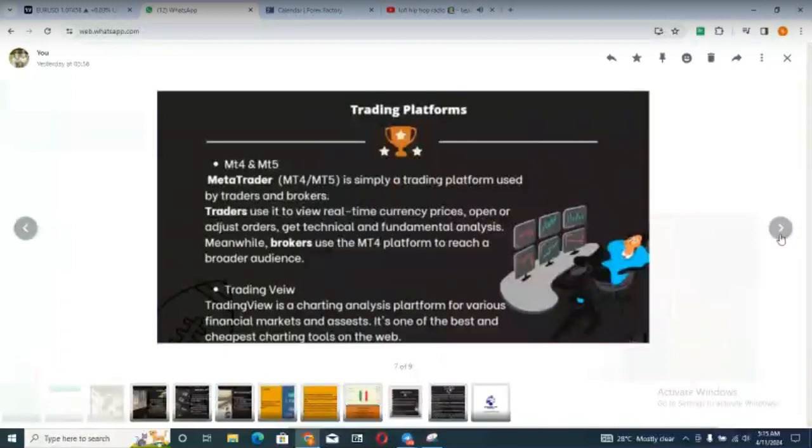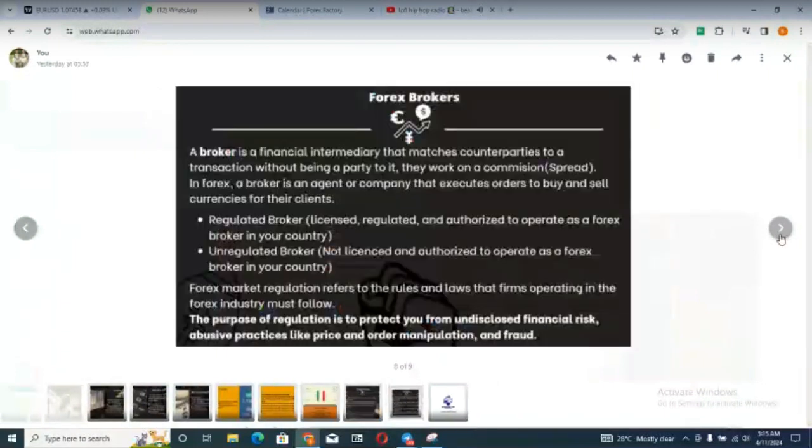Now on to the next, the Forex broker. A Forex broker is a financial intermediary that matches counterparties to a transaction without being a party to it. They work on commission, which we know as spread in Forex. Spread is the difference between a bid price and an ask price.